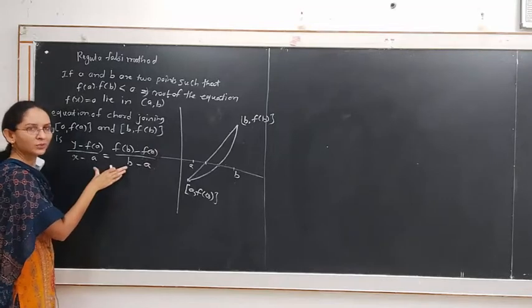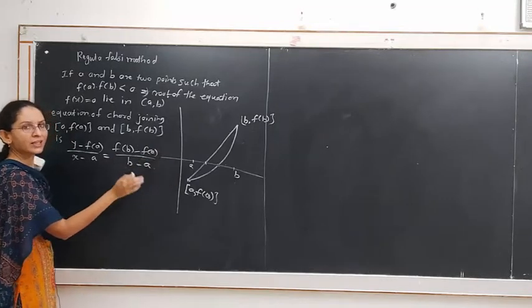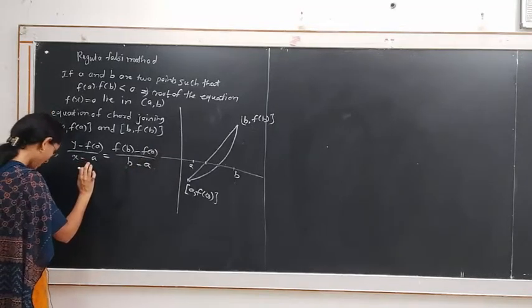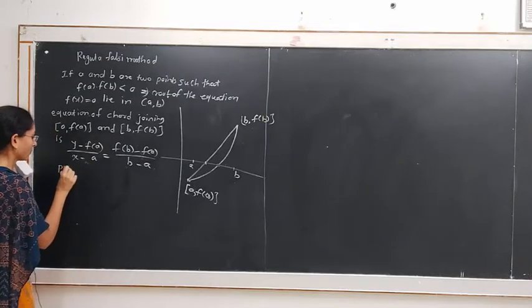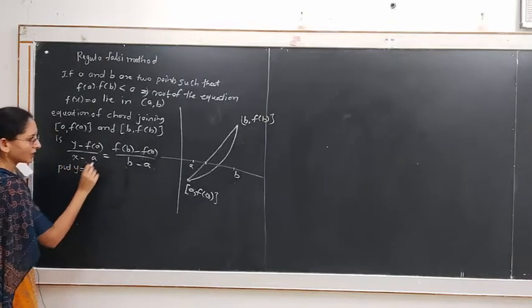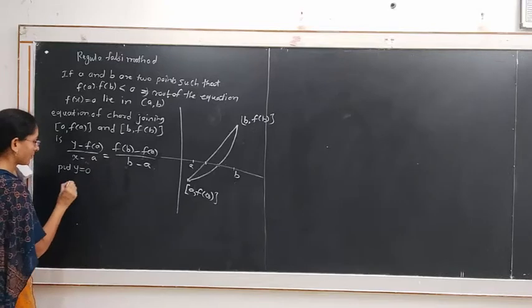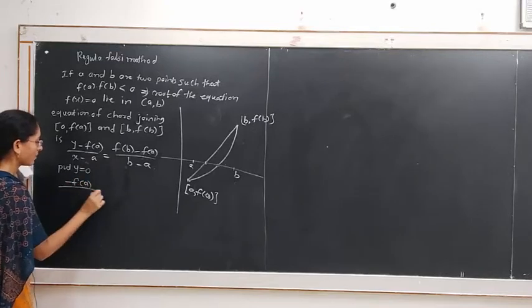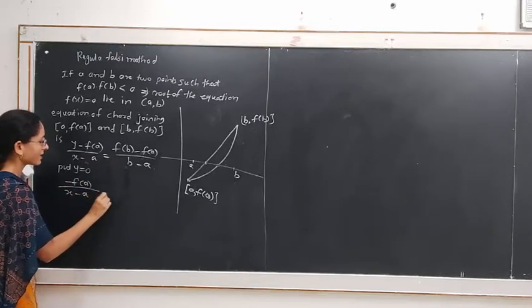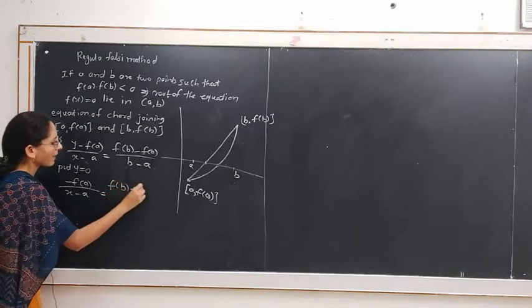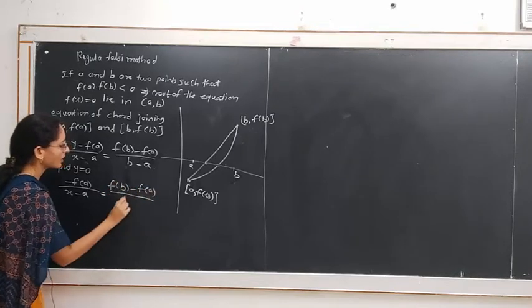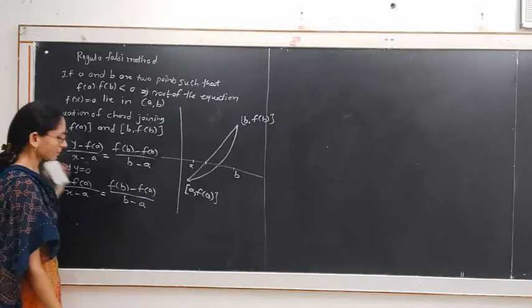Now we take the intersection of the chord with the x-axis. Hence we put y = 0 in this equation. Then we get -f(a)/(x - a) = (f(b) - f(a))/(b - a).